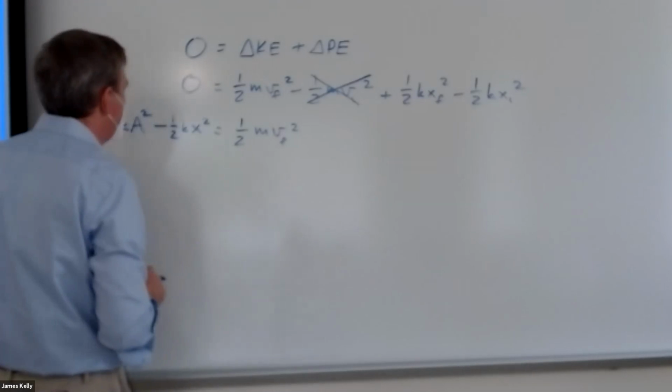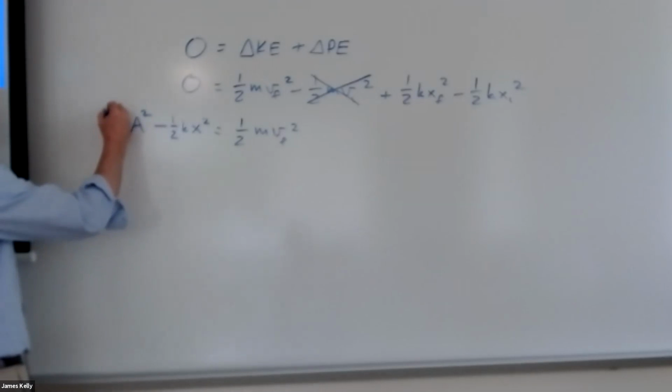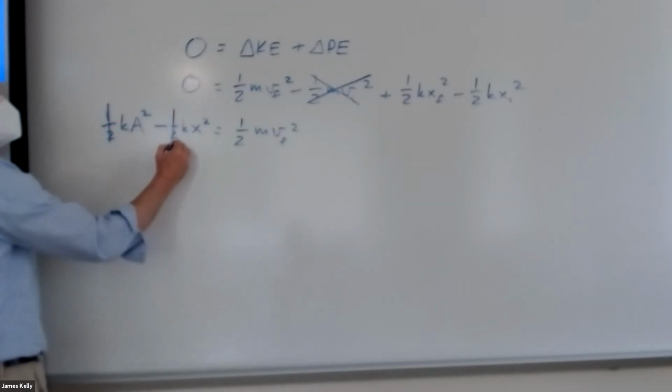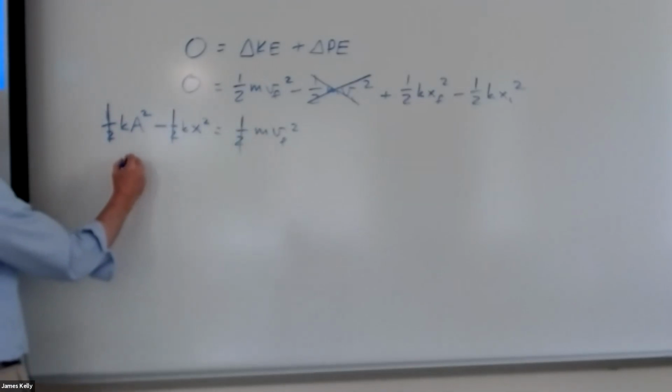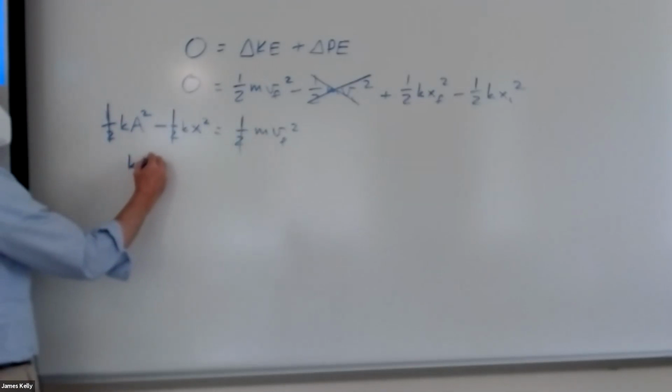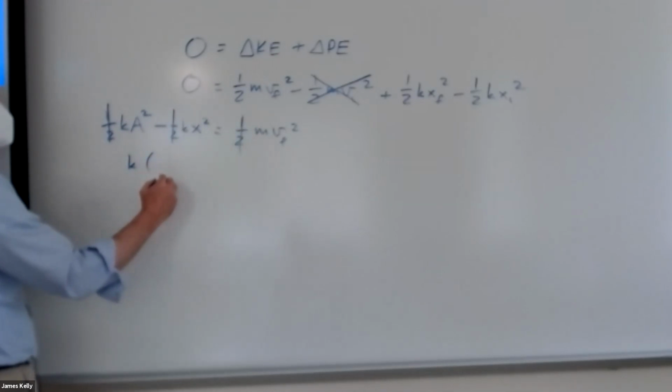Okay. And now let's continue solving. I guess the easiest thing to do is first let me multiply both sides by 2, because I've got a factor of 1/2 everywhere. And then I can divide by m and take the square root. All right, let me simplify a little bit more. I've got a common factor of k here.